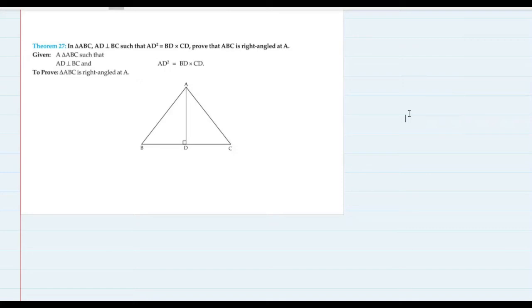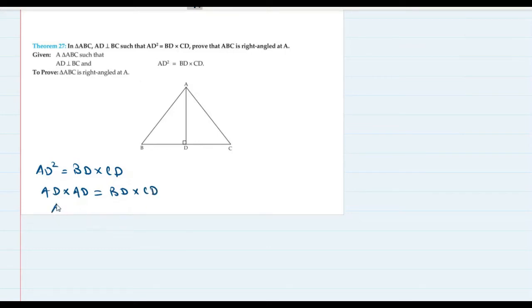That is the question. So here also, I will start with the backdoor technique. AD square is equal to BD into CD. Then I will write it as AD multiplied by AD is equal to BD multiplied by CD.